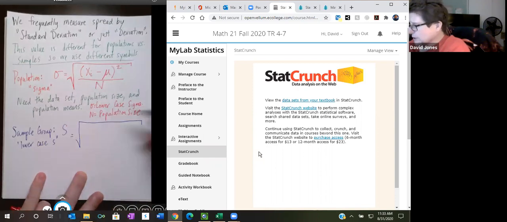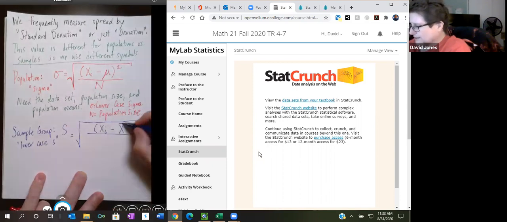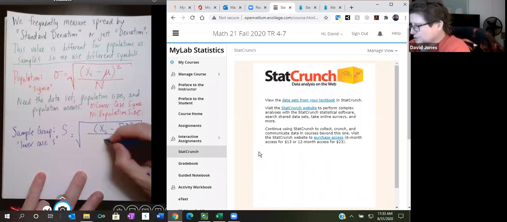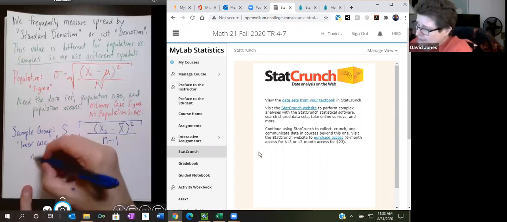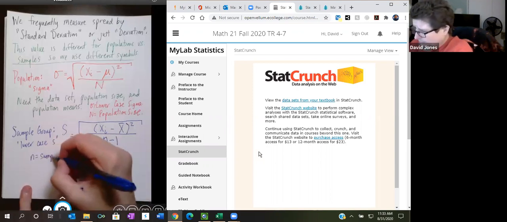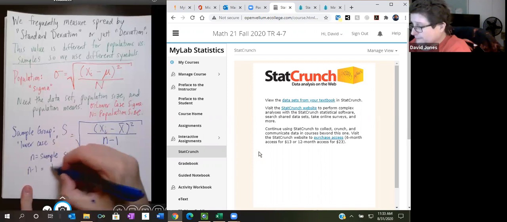We're still doing the square root. On top, we're going to put xi minus x bar now, each data value minus the mean. We square it. And then rather than dividing by just lowercase n, we divide by n minus 1, where n is the sample size. And n minus 1 is called the degrees of freedom.